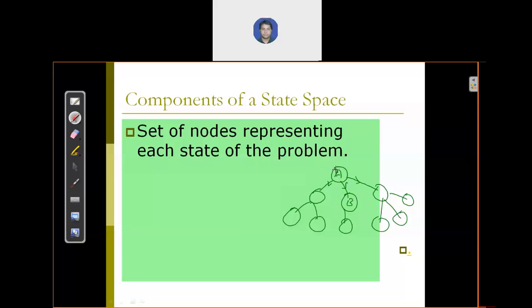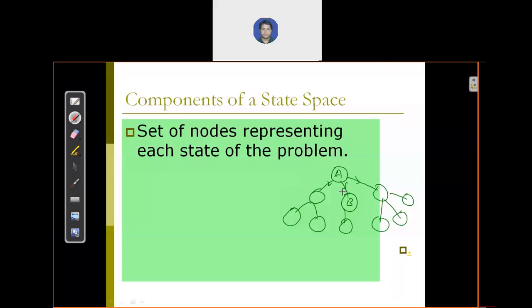Are you getting my point? There are one or more initial states from where you start solving your problem, and there is one goal state, or there is a chance of many goal states, where you want to reach. This is our problem.